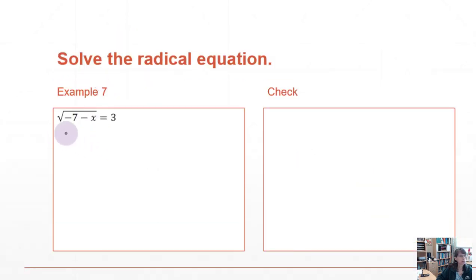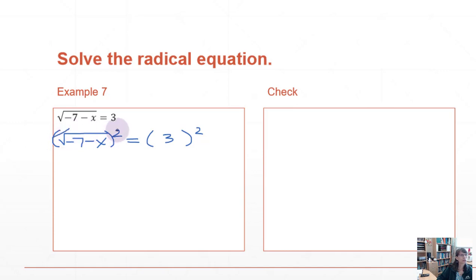In our next example, we have an even root set equal to a positive number. So this one we can't just say no solution, we have to work it out. So to work this out, we're going to take the square of both sides of the equation. So that would be the square of our square root of negative 7 minus x equal to the quantity of 3 squared.